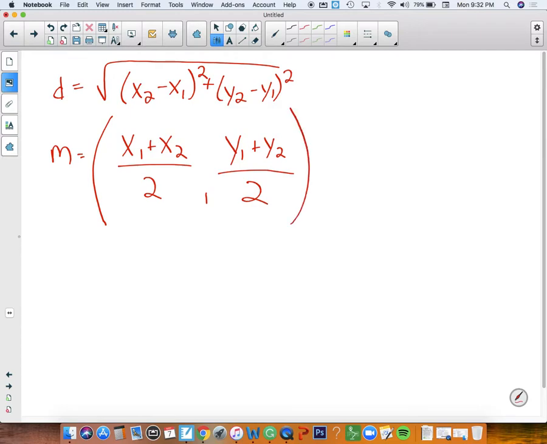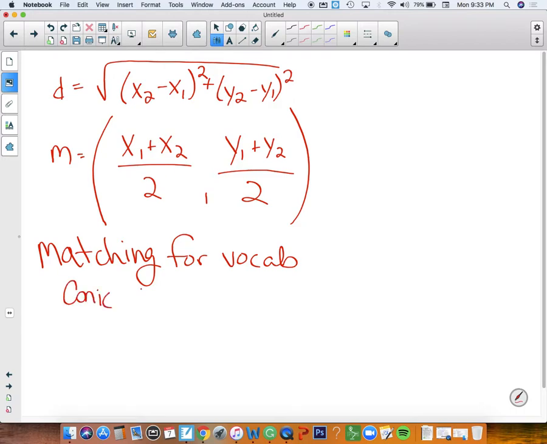Okay? Remember, there's going to be a matching on the vocab. And there's going to be a section with that vocab that's kind of like the Conic cards. Okay, but it's kind of like that worksheet where you just labeled it as a circle or ellipse or hyperbola or parabola. So know what the equations look like.